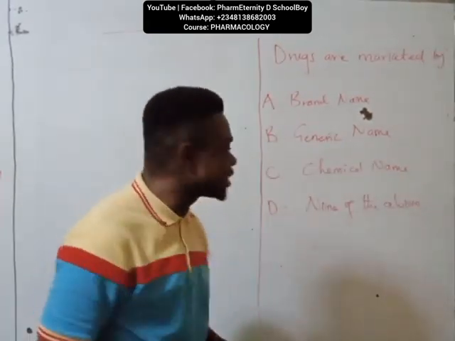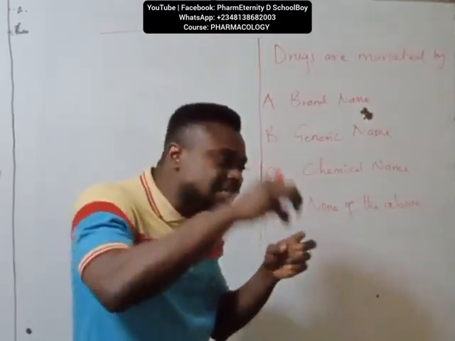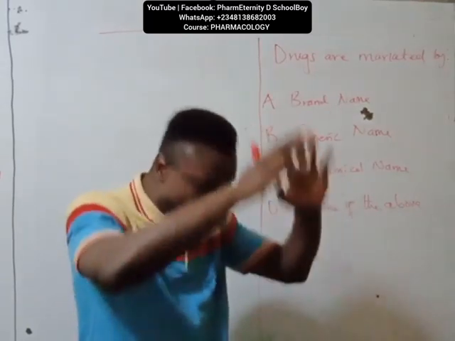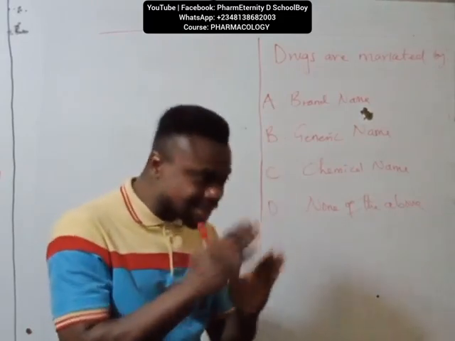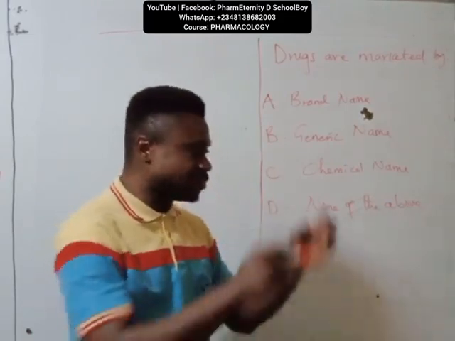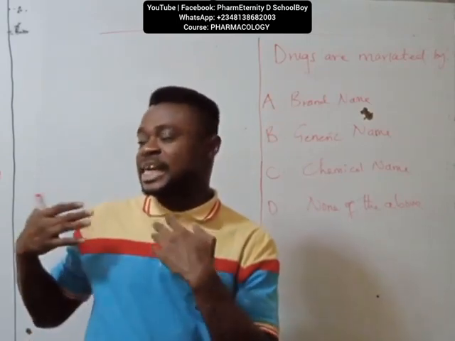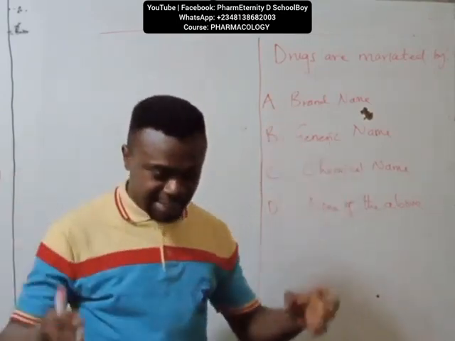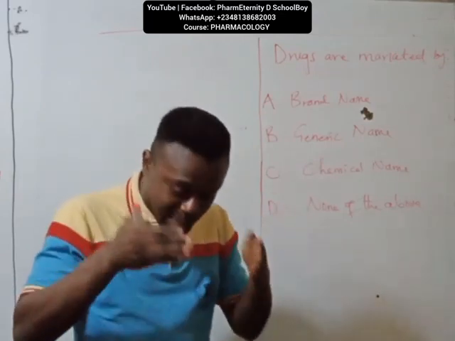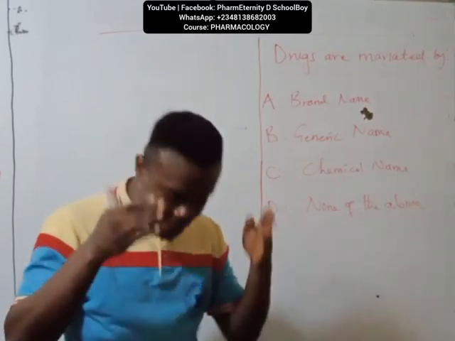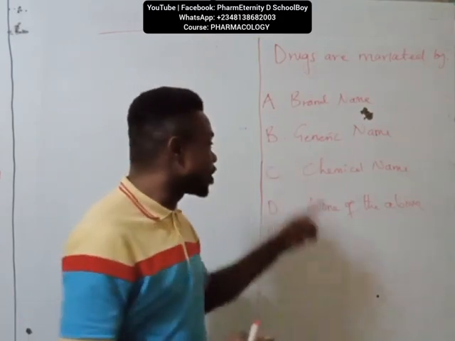So the chemical name of this drug is gotten from the chemical composition, the structural and molecular composition of that drug. Whether it's from natural source, or semi-synthesized, or synthesized from scratch, everything still boils down to the chemical name of the drug. The chemical composition, the molecular structure, the structural formula, and what have you, make up the chemical name of a drug.